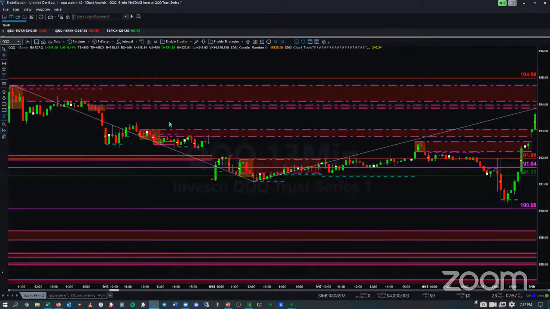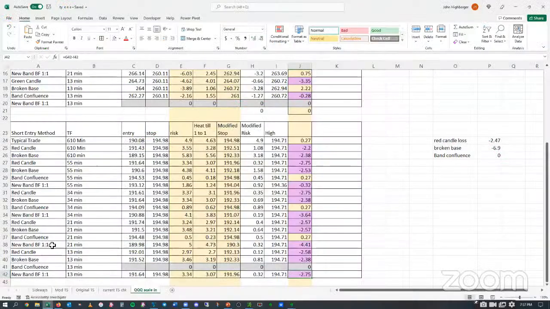So as you can see, sometimes those newly formed bands on the lower time frames are kind of a mixed result. So I don't have a strong opinion, but I don't have enough data points yet. So quick summary of the short trade with the choppiness.